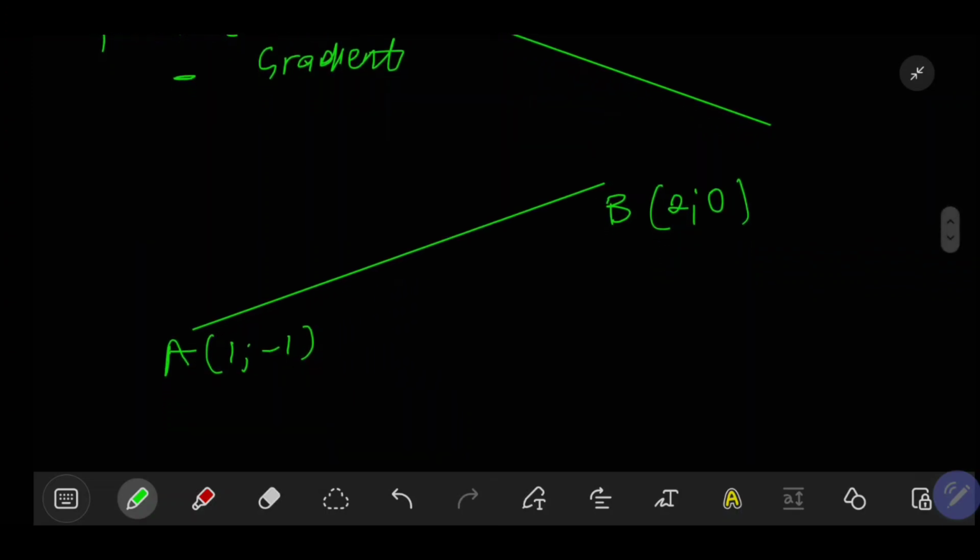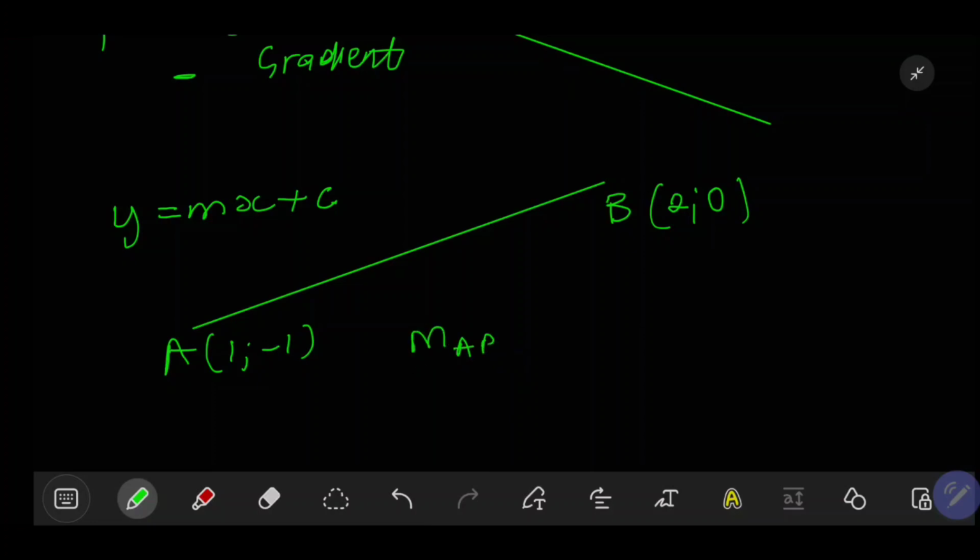We must first find the gradient of the slope, because the formula says y equals mx plus c. So the gradient of AB equals y2 minus y1 divided by x2 minus x1. A we name 1, and B we name 2.